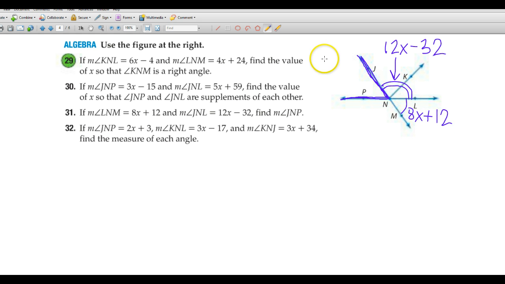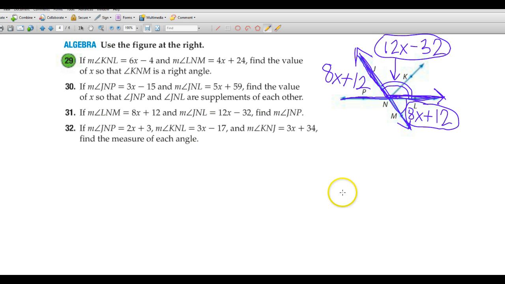So it will also be 8x plus 12. Okay, but what we need to focus on is our straight line here, which is 180 degrees, and we have a linear pair. So we have two measures, this angle and this angle, which must add up to 180.